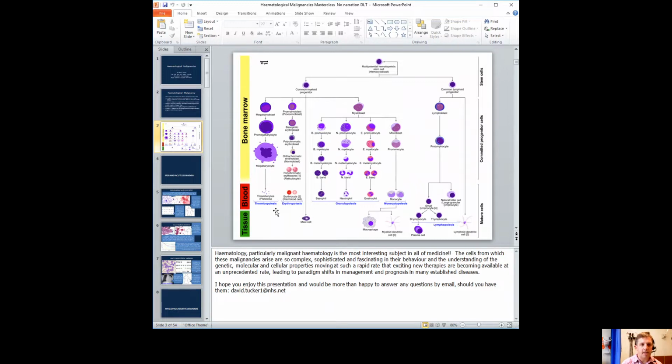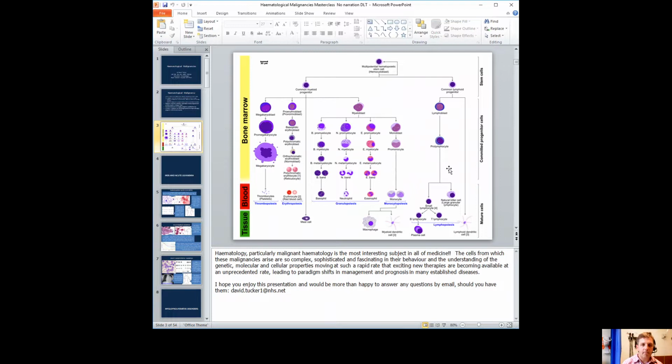So you've got your platelets here, your red blood cells here, your granulocytes here, and your monocytes. And then you've got your lymphoid cells, which differentiate into your lymphoblasts, and then go down into mature B and T cells and dendritic cells in the tissues.